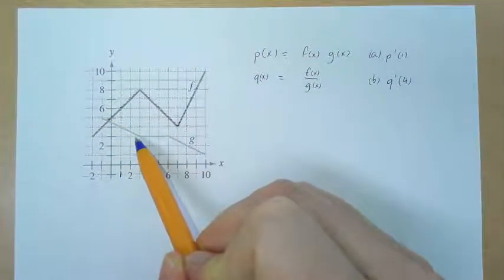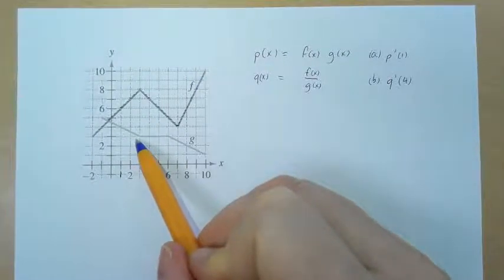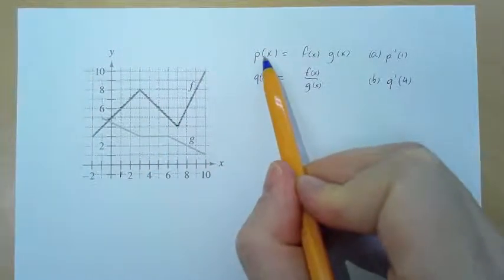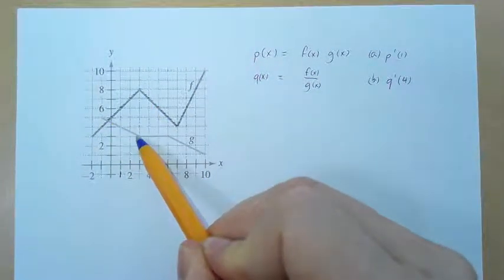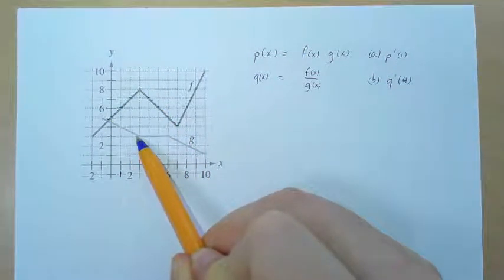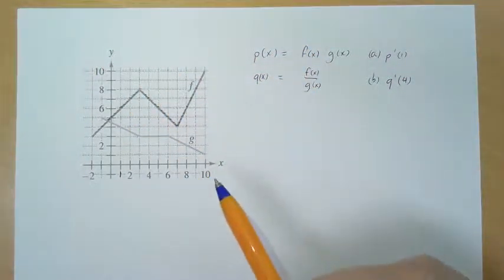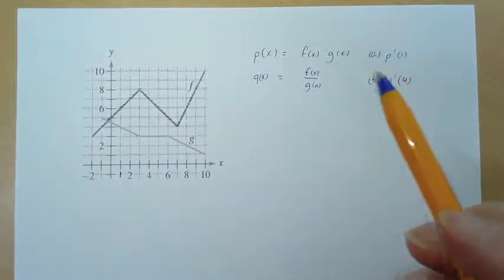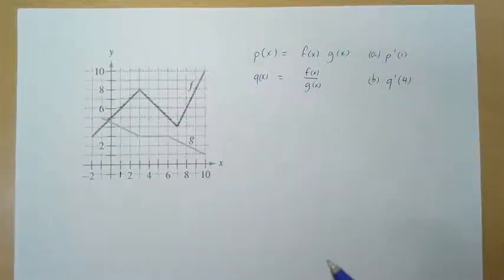I can easily multiply these two expressions and it'll give me the equation for p of x. Since this is a line and this is a line, it's ax plus b, cx plus d. If I multiply, I'll find some kind of parabola. My graph for p is some kind of parabola, and I can differentiate. So that might be a second idea we have, and this one is feasible. It's actually a pretty good idea.